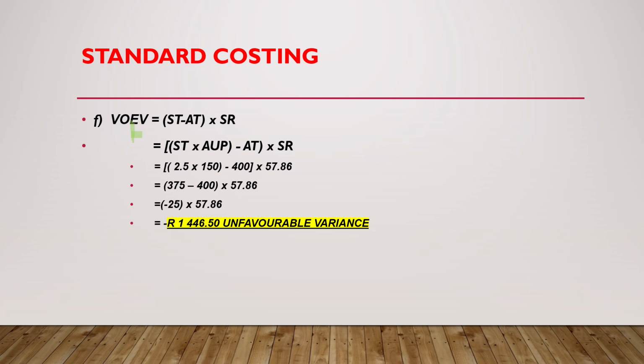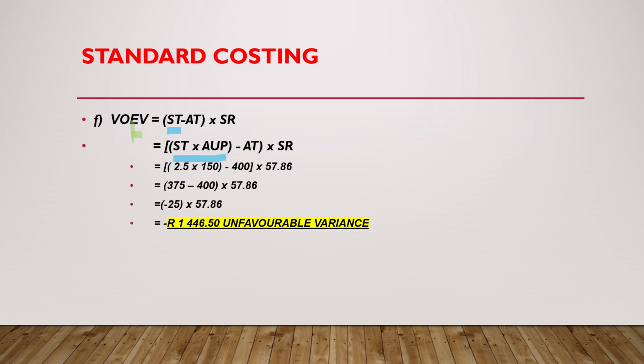Which part do we extend? We extend standard time. How do we extend it? We say standard time times actual units produced. This whole part is only this one, and then minus actual time times standard rate.